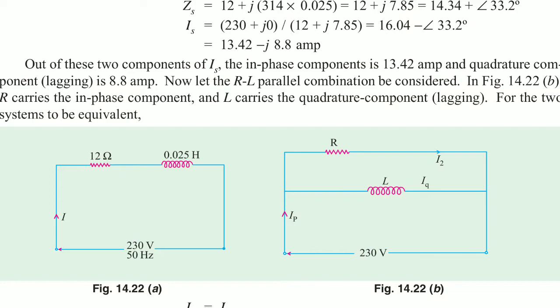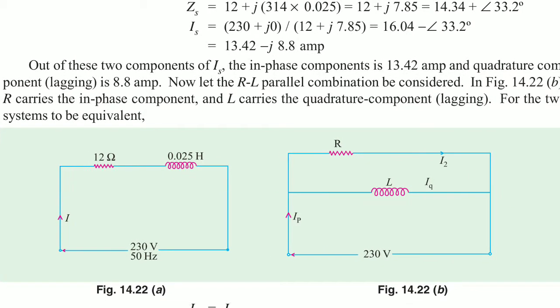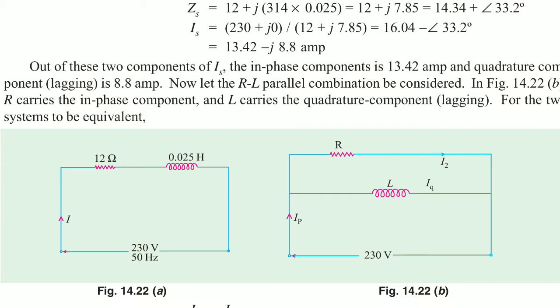That means this in-phase current of 13.42 amps is going through the resistance R.